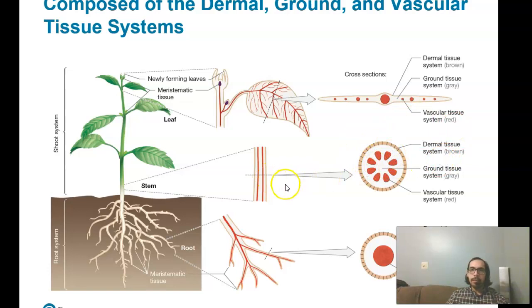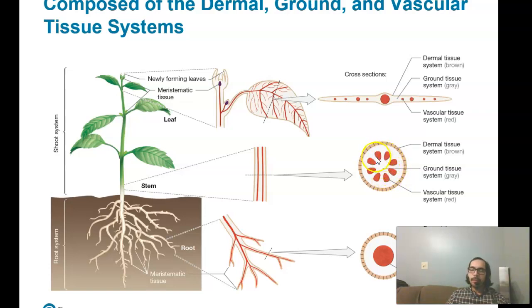And here, when you look at a cross section of the stem of the plant, you can see the ground tissue is in the middle, as well as outside of the vascular tissue.